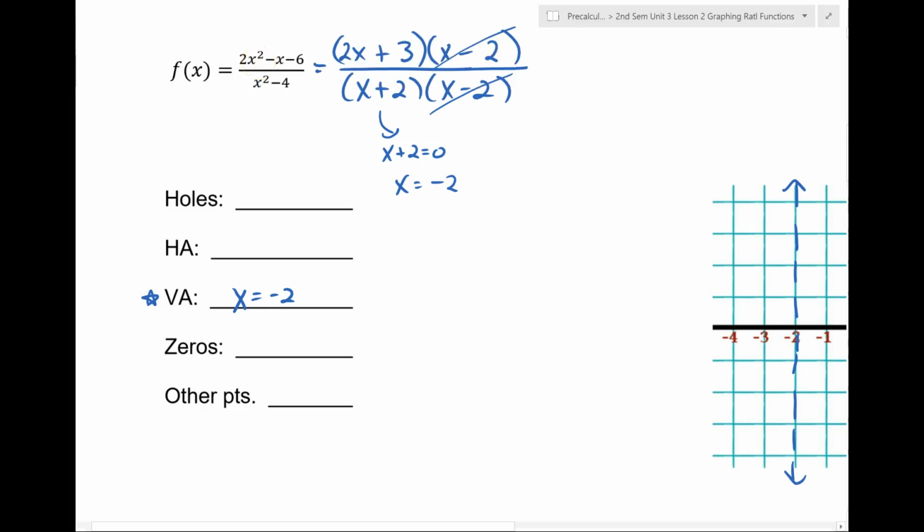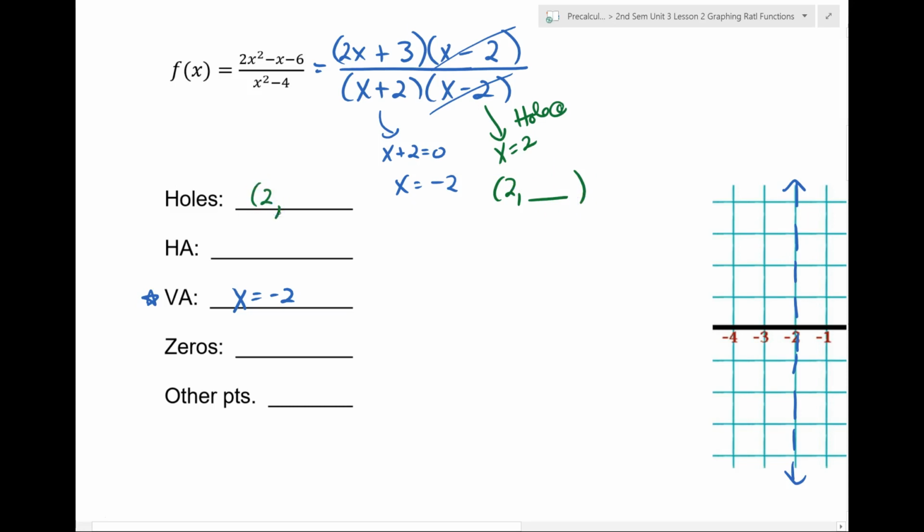All right, so with this one, remember to find the holes. It's where you have the common factor, right? So what is going to be the hole here? We get x is equal to 2, so that means we have a hole at x equals 2, but that means I have to get the ordered pair. So I got 2, something is going to be my hole.